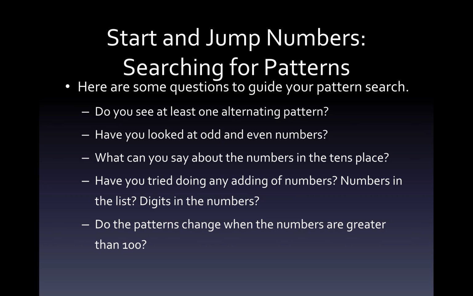Do you see at least one alternating pattern? Have you looked at odd and even numbers? What can you say about the numbers in the tens place? Have you tried adding up numbers in the list? Digits in the numbers? Do the patterns change when the numbers are greater than 100?